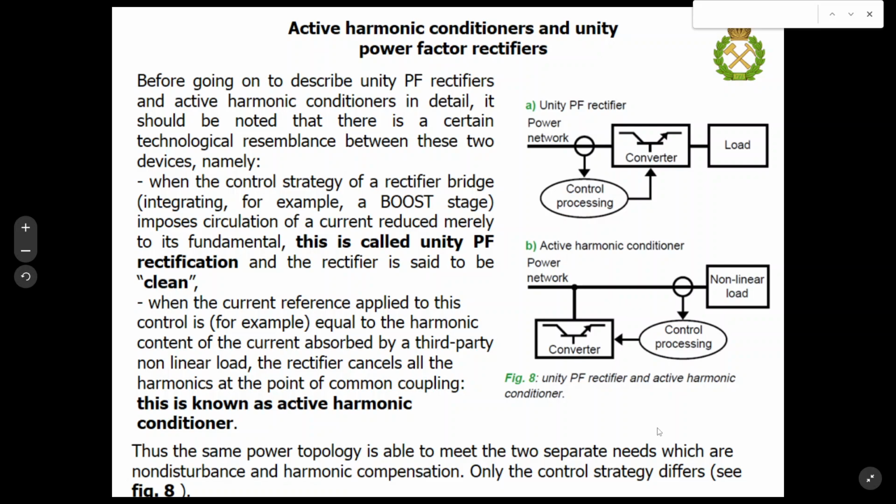Also, a similar device called a unity power factor rectifier or active rectifier is intended to eliminate reactive components and maintain the power factor at the unity level to eliminate reactive power totally.